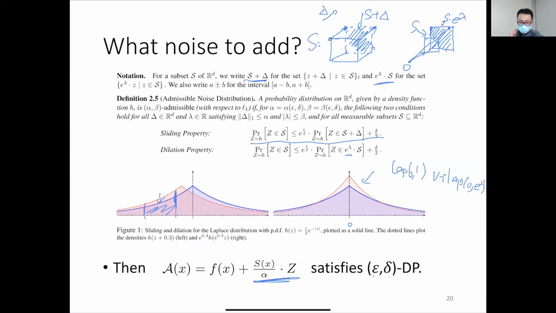And this alpha and beta are parameters that we can choose according to your desired epsilon and delta privacy budget. And for different noises, there are different formulas to calculate this alpha and beta parameter.